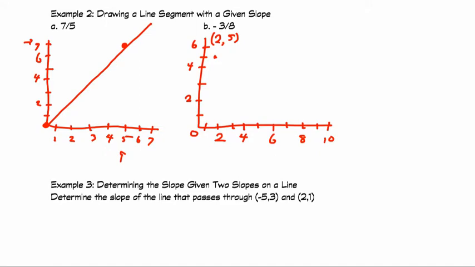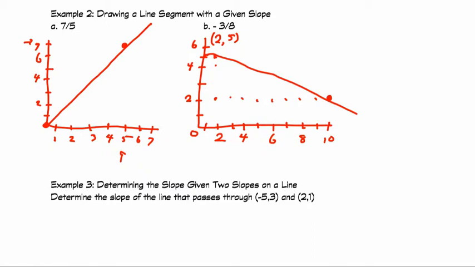And our slope is -3 over 8, so we go down 3, 1, 2, 3, and then we go over to the right 8, 1, 2, 3, 4, 5, 6, 7, 8. So to get our graph, you just connect the dots. And you have the line segment with a slope -3 over 8.